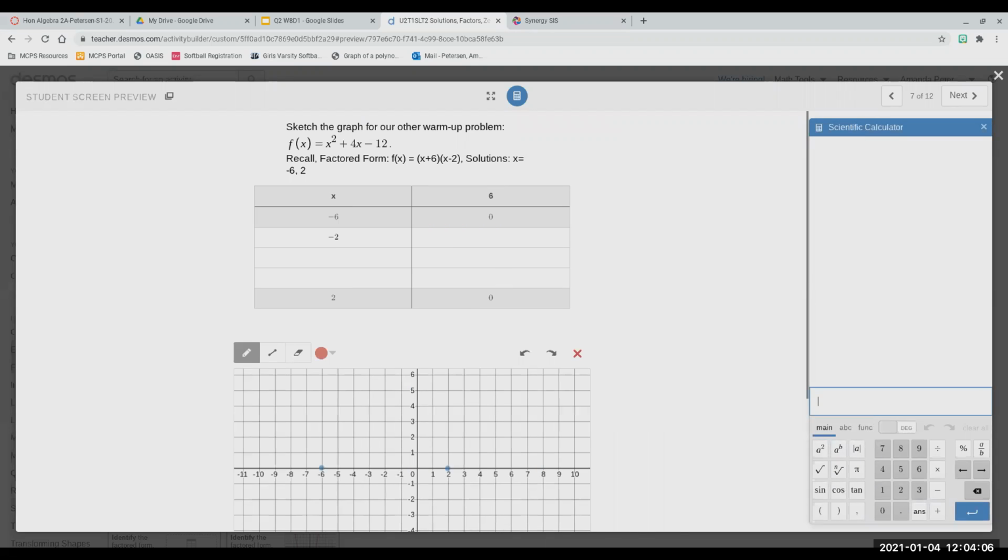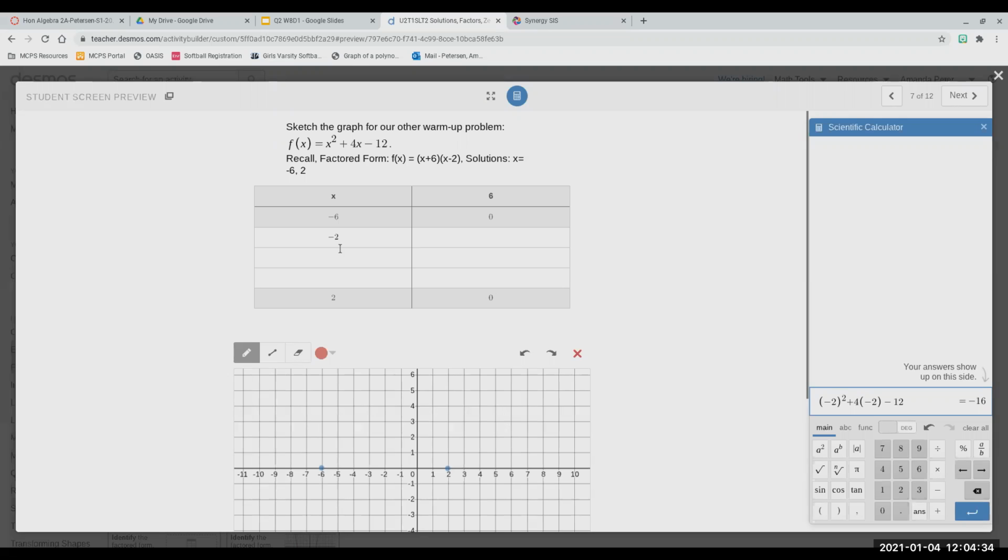Remember, -2 is an input value, meaning I'm going to be putting it in for the x value of my function. So I'm going to go with -2. Here we go. -2 squared plus 4 times -2 minus 12.